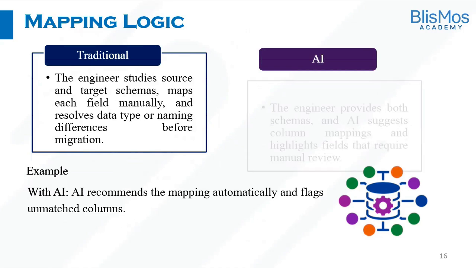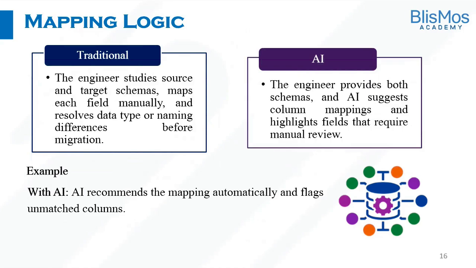What data engineers can do is provide both the schemas, and AI will suggest appropriately what the mappings should be in terms of columns and highlight the fields that require manual review. For example, AI will recommend the mappings automatically and flag unmatched columns.